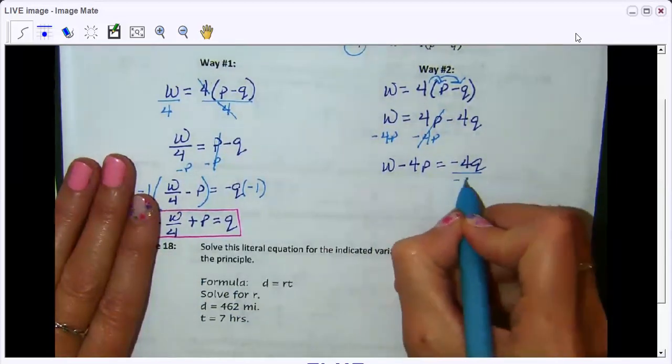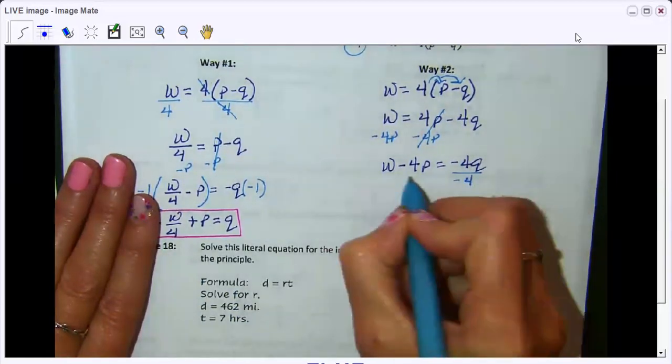You need to divide everything by a negative 4. So I get rid of this. Now I'm left with a negative W. Oh, my screen's frozen. Okay, hold on just a second.